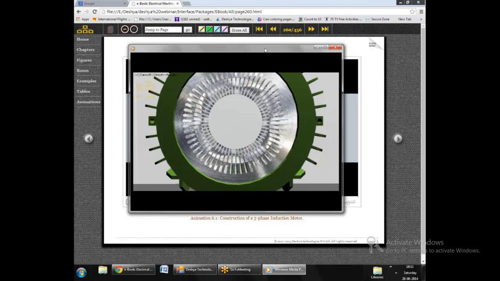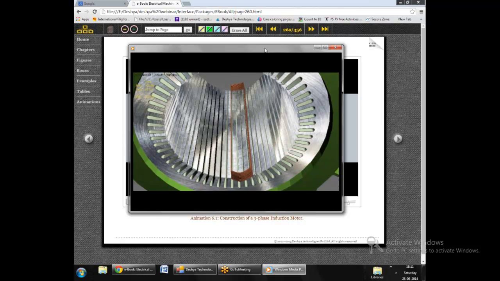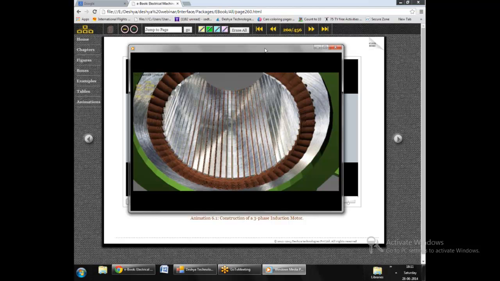A green layer of insulation is placed inside, and once all the insulation layers are placed, the coils are put in position, and the position of the coil depends on the coil pitch and the winding scheme of the machine. With this, one gets a clearer perspective of how the machine is manufactured.